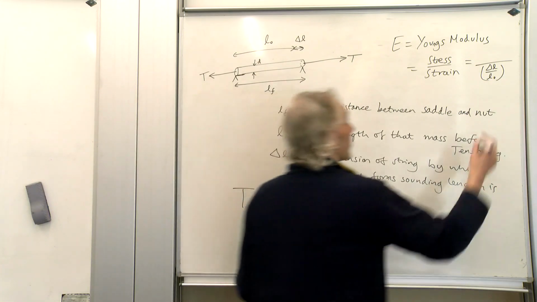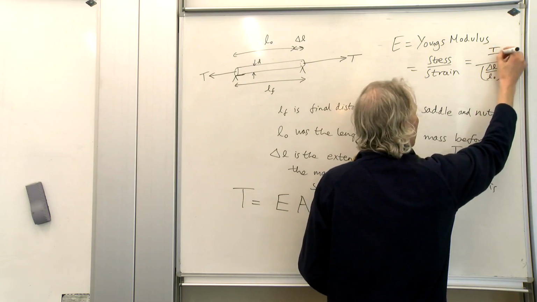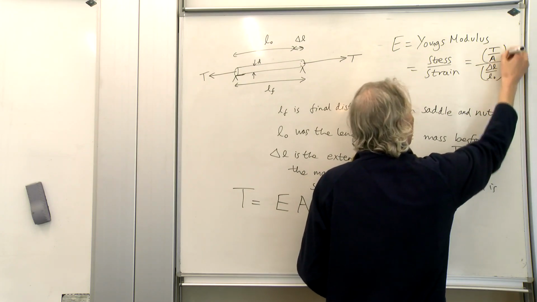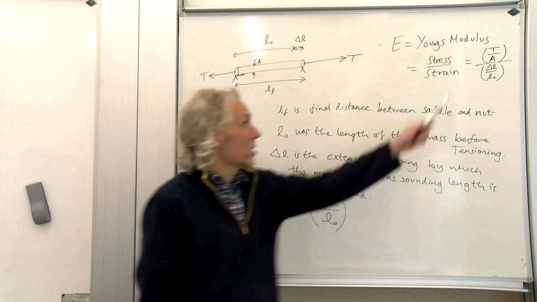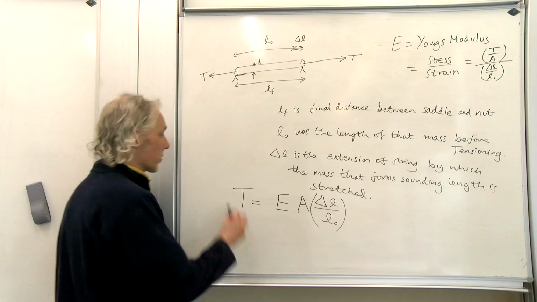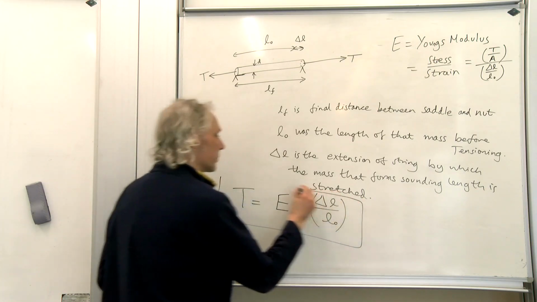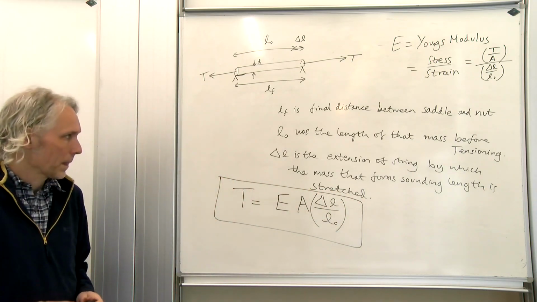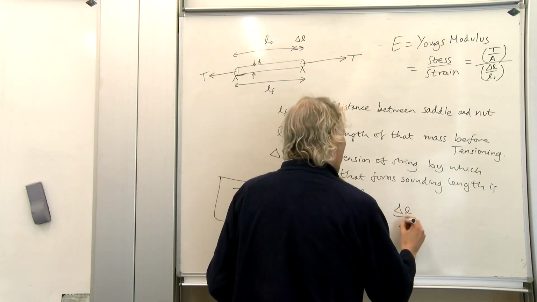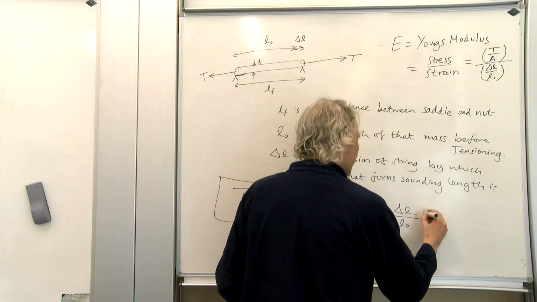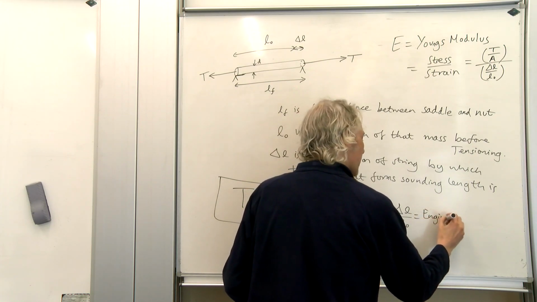So that's the force per unit area. So we rearrange this equation and we get this. So we will call delta L over L naught the engineering strain.